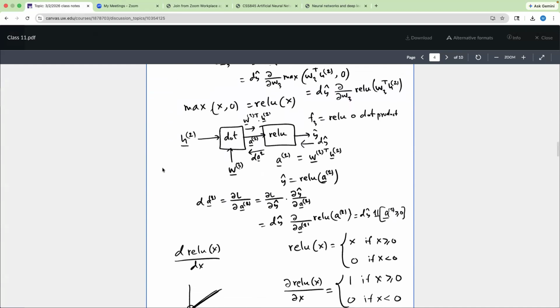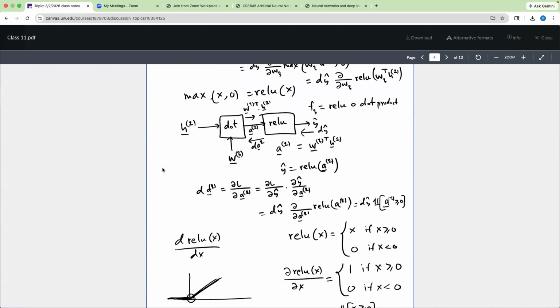Did anyone try to redo these calculations and encounter any bugs here? It's specifically related to this calculation where we do the hidden vector times the weight, and then we get the activation, and then we pass it through a ReLU, and then we get the final output y. And we are trying to do the gradient calculations through this network.